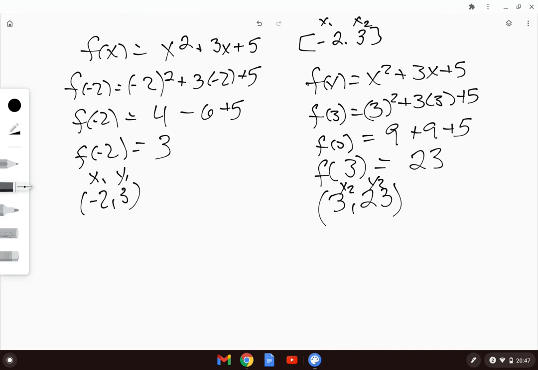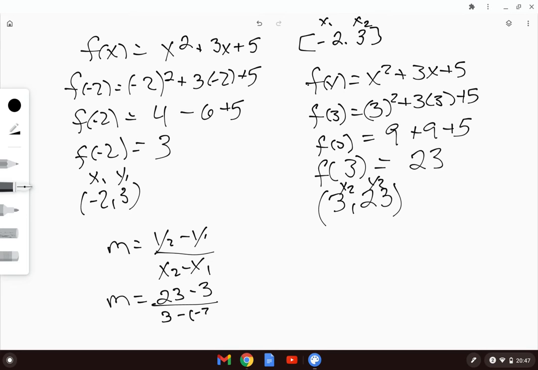So now that I have 2 points, I can plug both of those points into my slope formula to find the slope of the secant line. So y2 is 23 minus y1, which is 3, over x2, which is 3, minus -2. Before I go any further, I'm just going to clean that up a little bit.